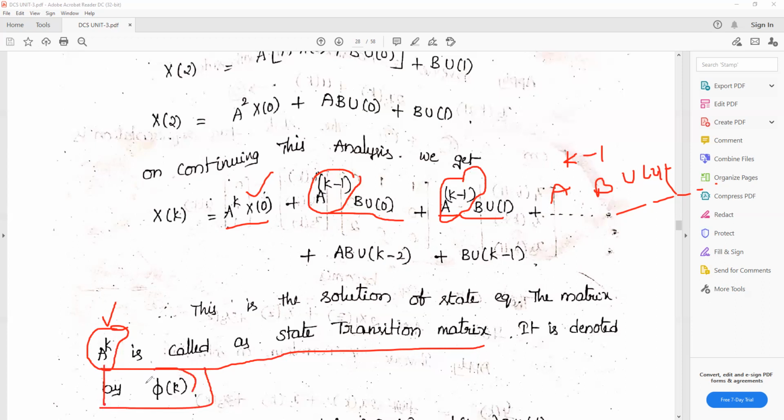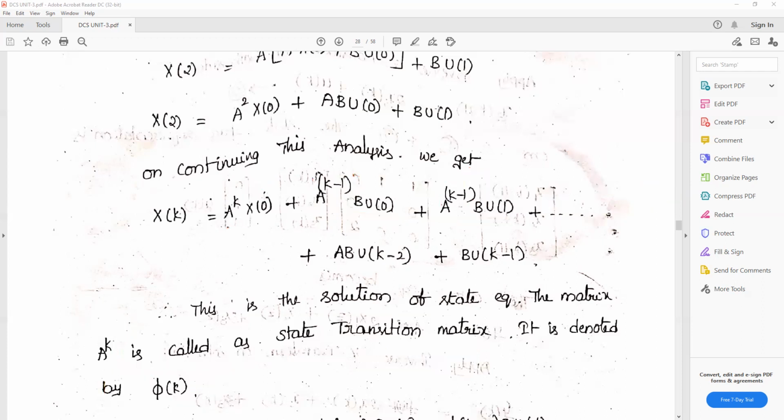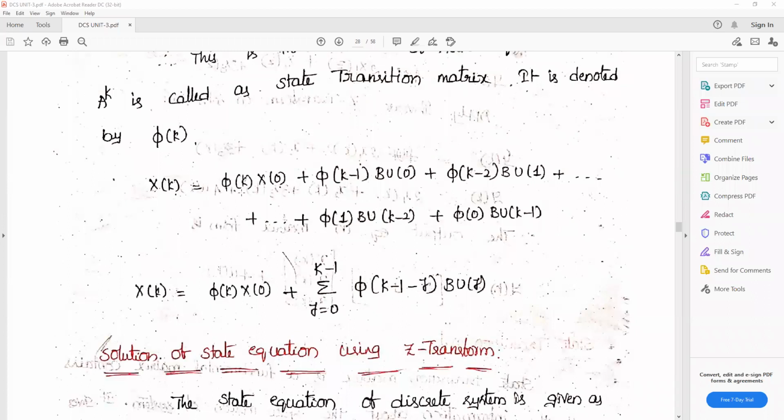So A power k is phi of k, A power k minus 1 is phi of k minus 1, A power k minus 2 is phi of k minus 2. So the state transition matrix is denoted by phi of k.